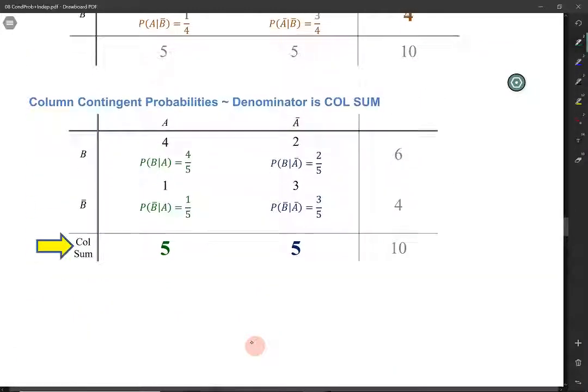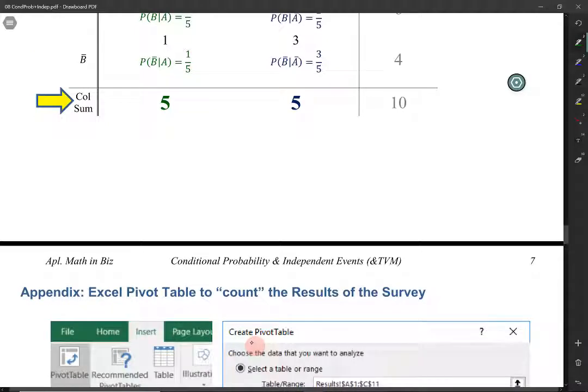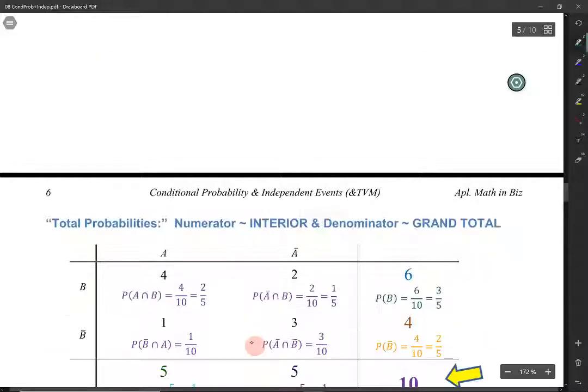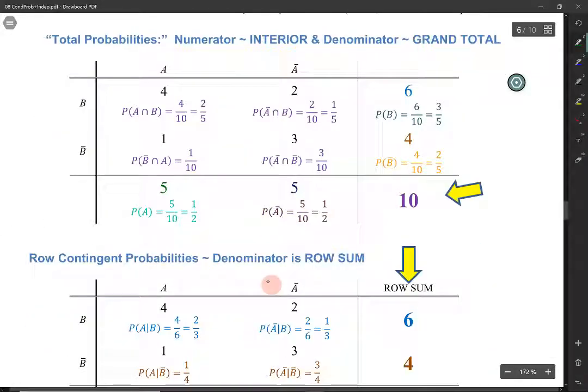And so here, what this page is trying to show you is that sometimes we're asking questions about the whole population, and so in that case you always divide by this grand total out here.